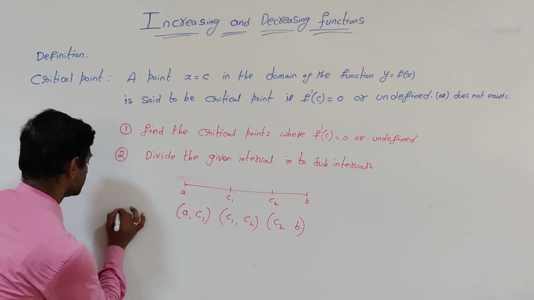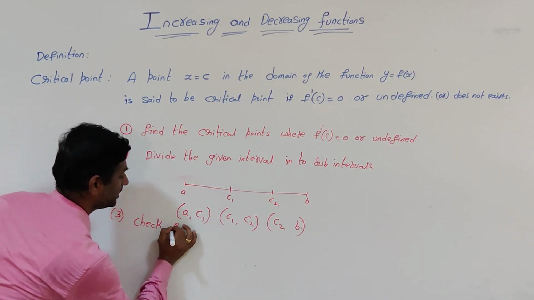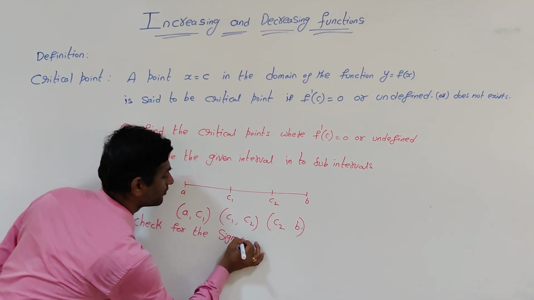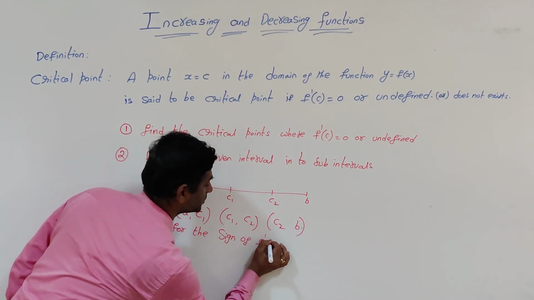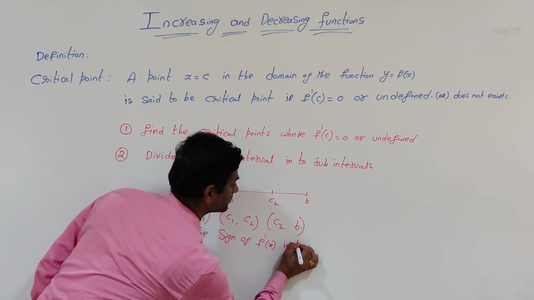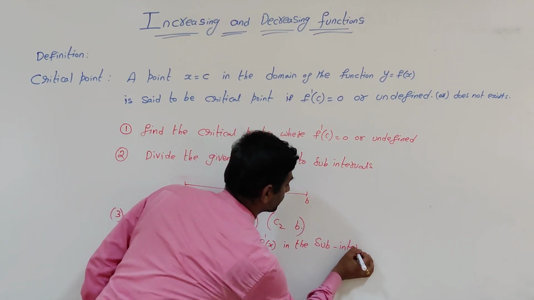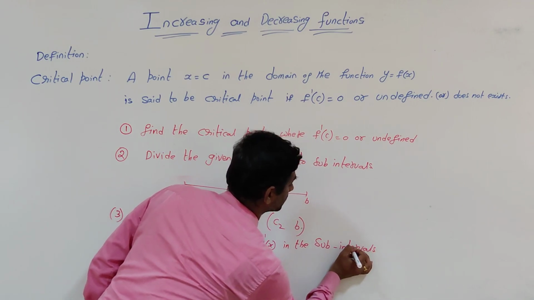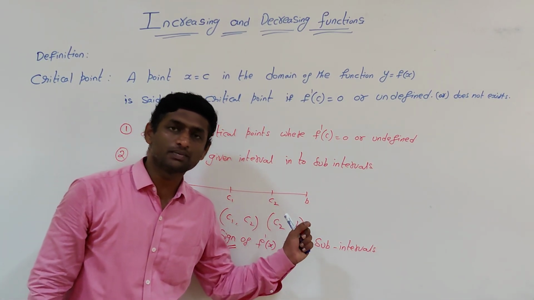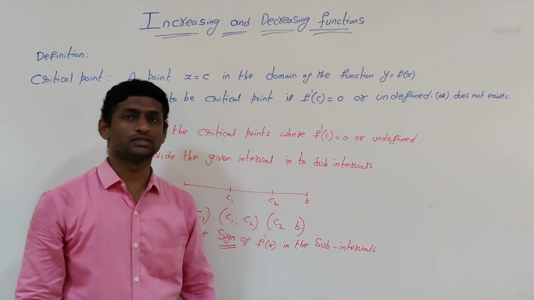Third is to check for the sign of f dash of x in the subintervals. Check the sign, whether it is positive or negative, in the subintervals.